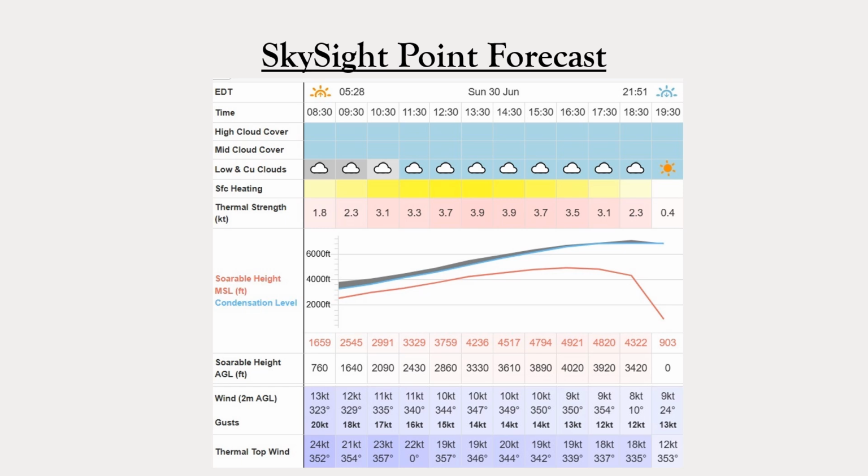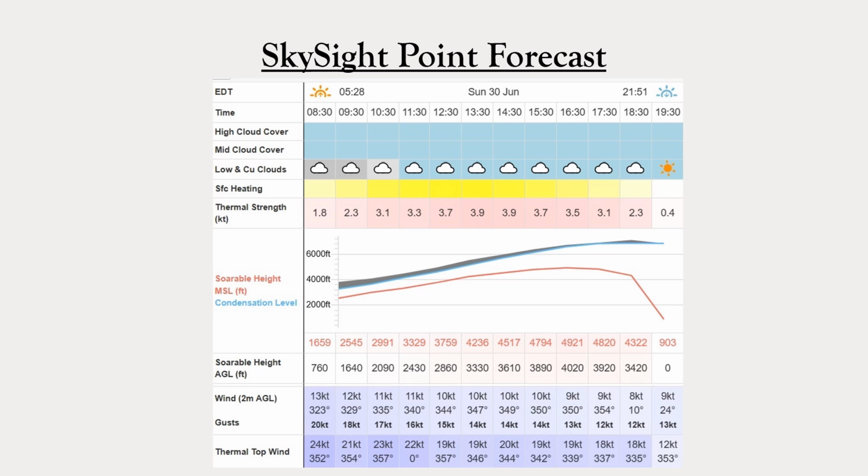To do that, you go to SkySight's point forecast, and that will show you for a given day, over the course of the day, things like what kind of clouds to expect and thermal strength. Here we see that the thermals will be strongest between 1:30 and 2:30, but reasonably strong starting from noon and going until late afternoon.